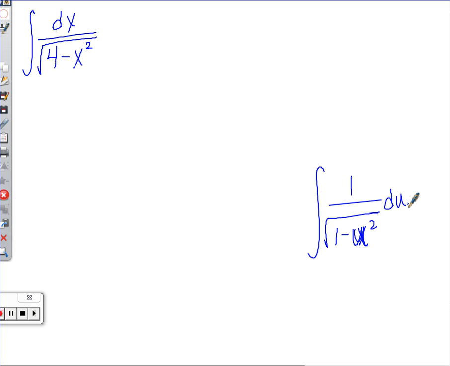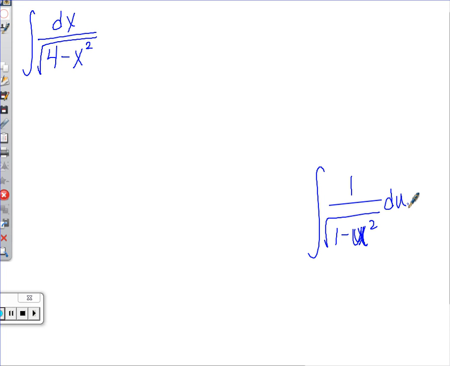If you separate 4 minus x squared into factors, in fact, we can't in this case, no. But factoring is what we want to do, but that's not the right factoring for us this time.